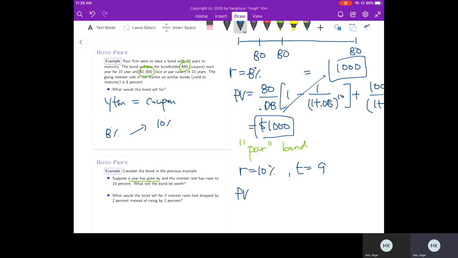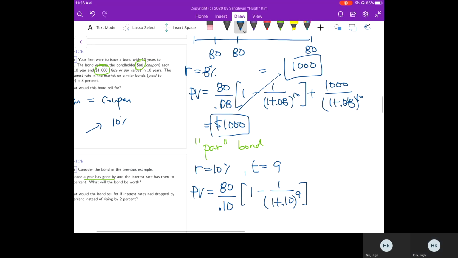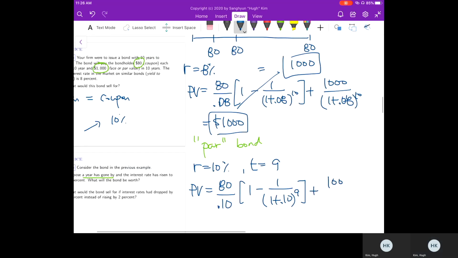The price of the bond should be 80 divided by 0.10, 10% instead of 8%, times 1 minus 1 over 1 plus 0.10 to the 9th, plus 1000 over 1 plus 0.10 to the 9th.